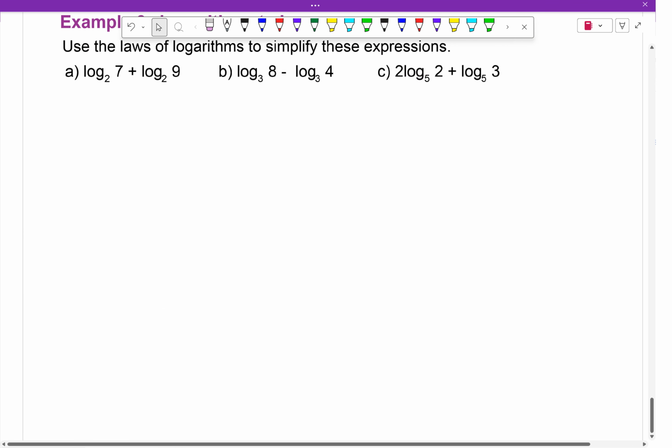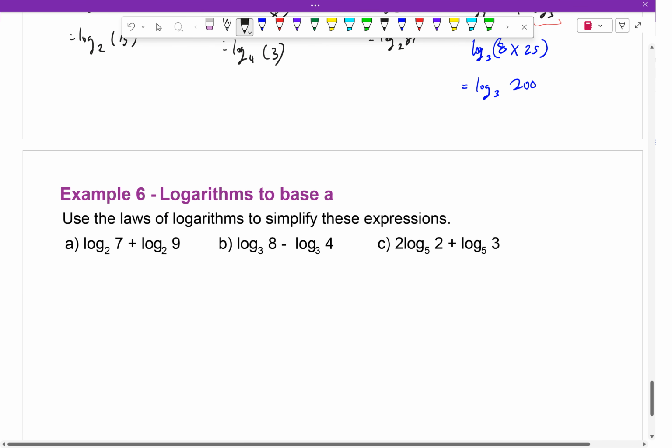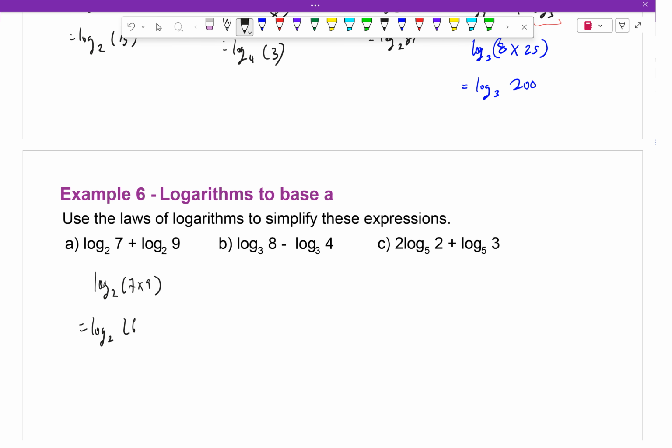Okay, let's do the last one. Again, this should be more straightforward, so it becomes log base 2 of 7 times 9, which is just log base 2 of 63. This one has the same base, so that becomes log base 3 of 8 over 4, which is the same as log base 3 of 2.